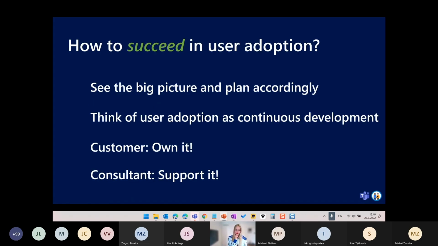So it's not easy. It's not quick. There are no quick fixes. But if you really want to succeed in user adoption, if you really want to see the change in the organization, you should think about the big picture. Do not buy wrong projects.